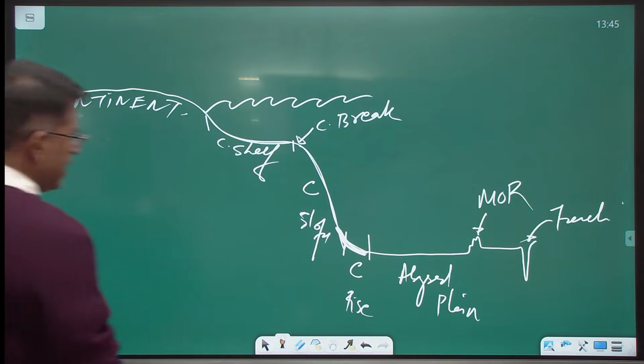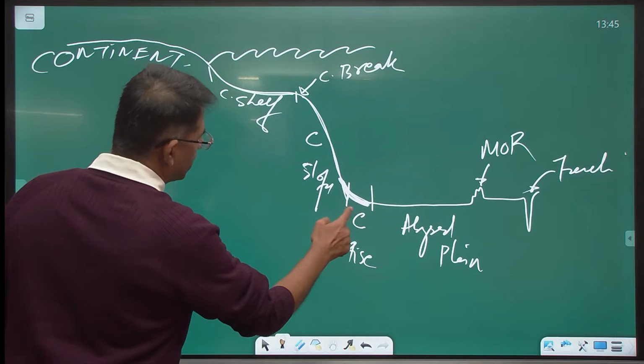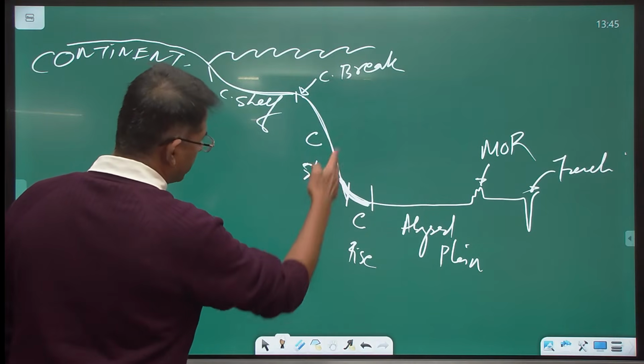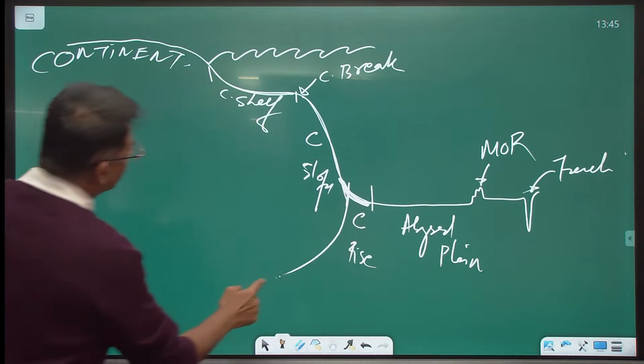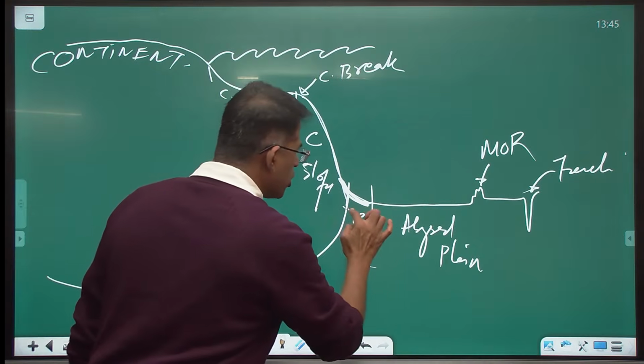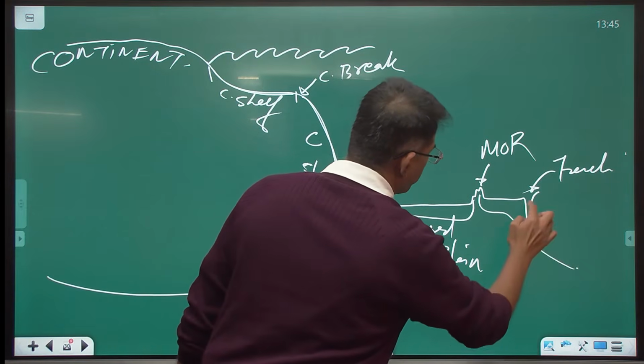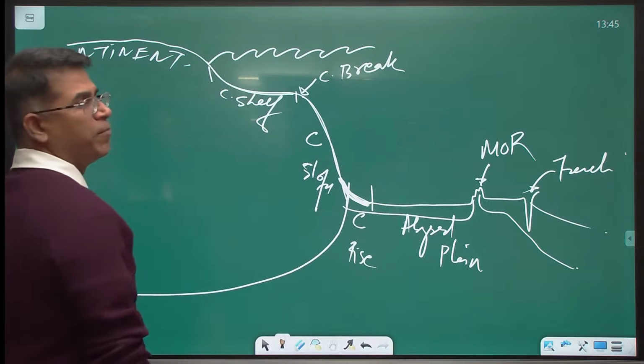But very interestingly, if you look at the rocks, up to the rise, sorry, up to the edge of the slope, these are actually continent rocks. And the ocean rocks are here. Okay.